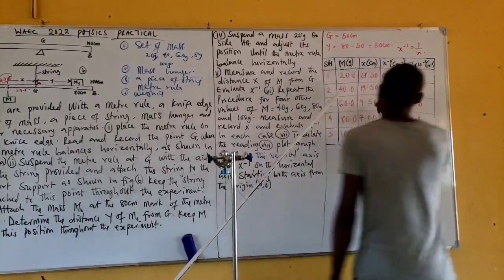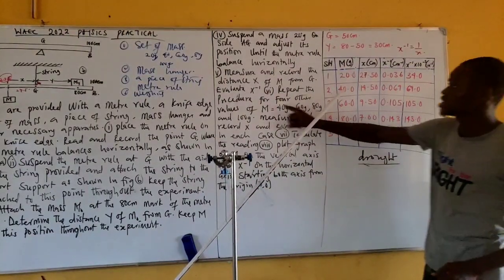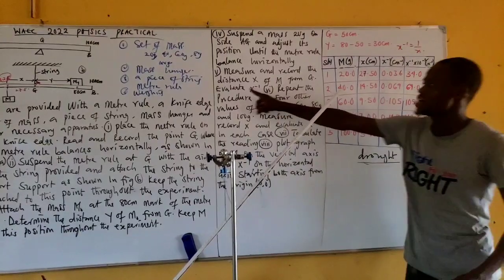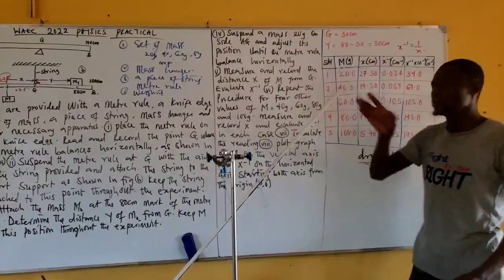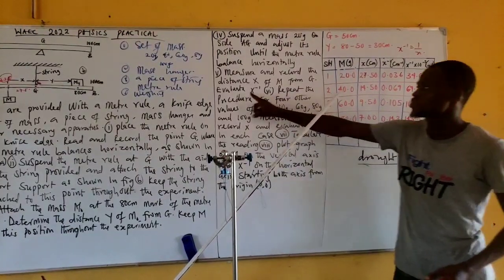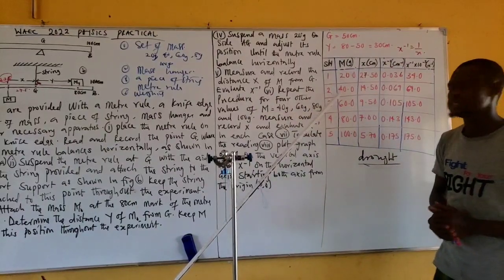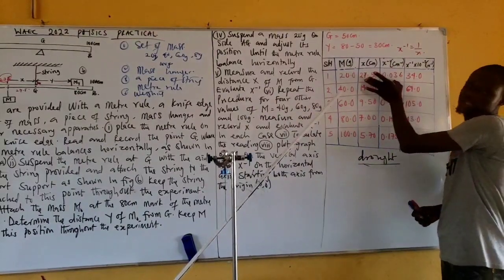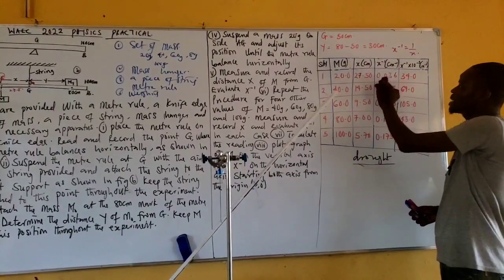The second thing we have to find, they said evaluate S inverse. That means I might have different values of S due to different values of M. Since I'm getting different values of X, automatically my S inverse should be tabulated. Now, when I'm tabulating this reading, I have 27.50, which is 1 divided by S.